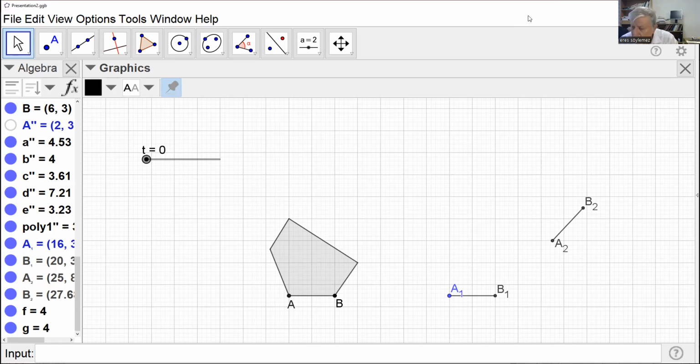A1, B1, A2, B2 are the same 2 points AB on that rigid body. It is the projection of those points to the fixed frame, to the fixed plane. We call A1, A2, B1, B2 homologous points. Homologous means it is the same point A on the moving body. It is the position of A at different locations, at different time intervals. A1, A2 and B1, B2 are pairs of homologous points. Okay, that is the definition.